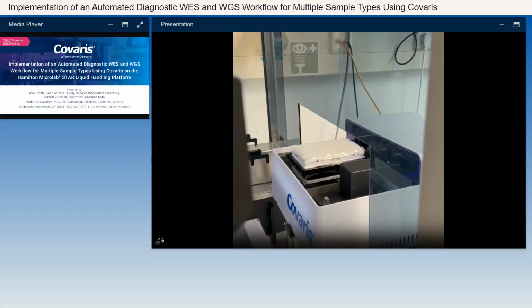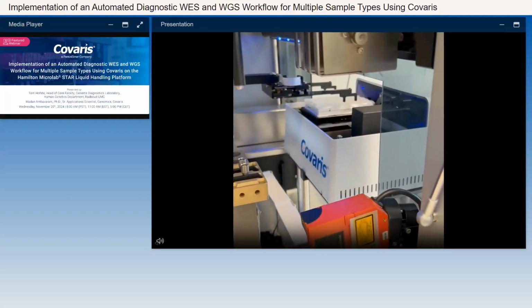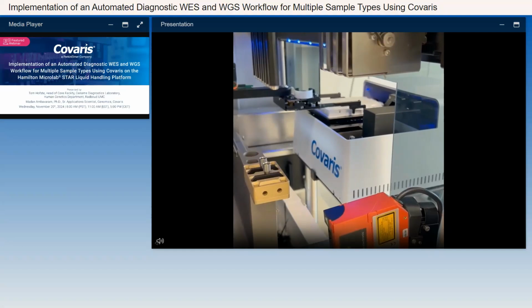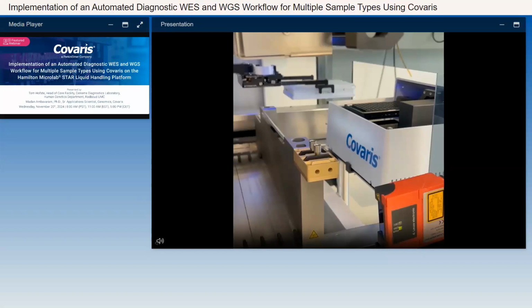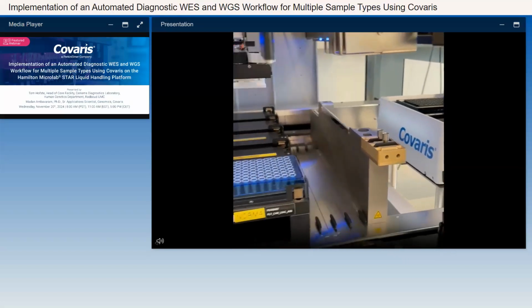Now the robot is picking up the plate, and can place it back on its carrier.